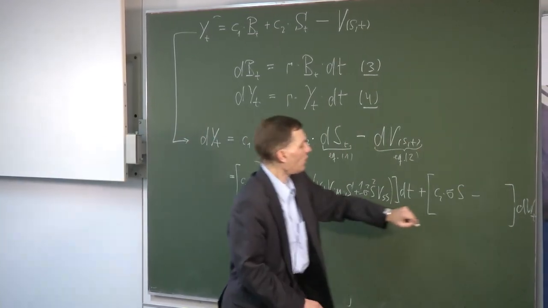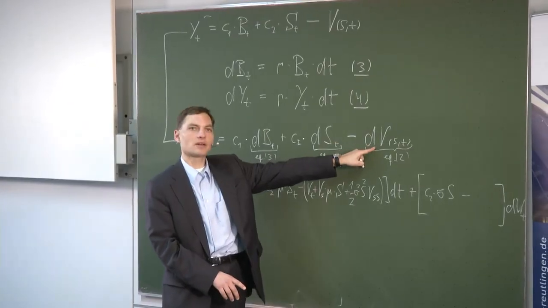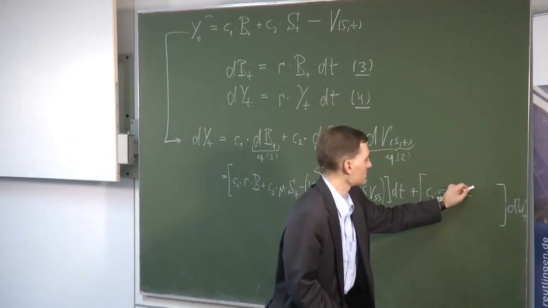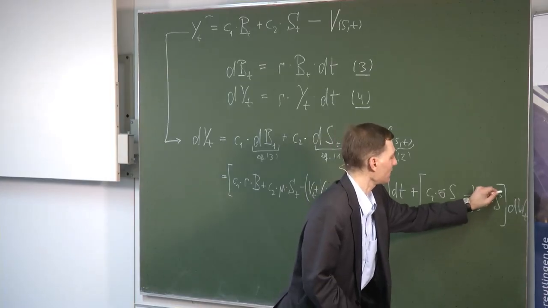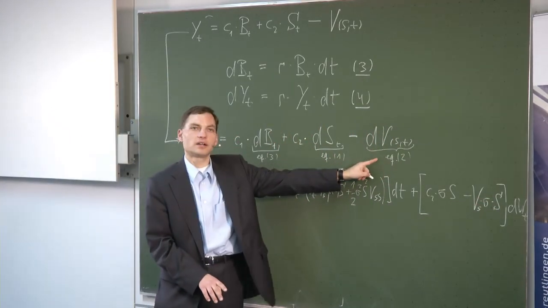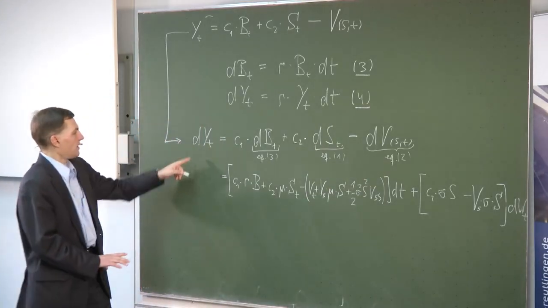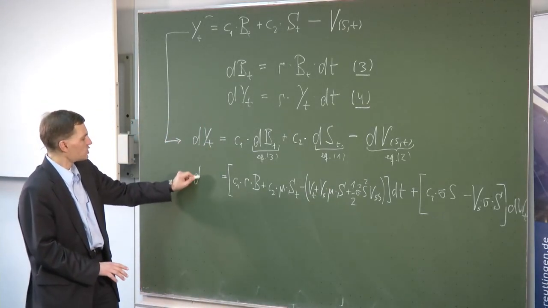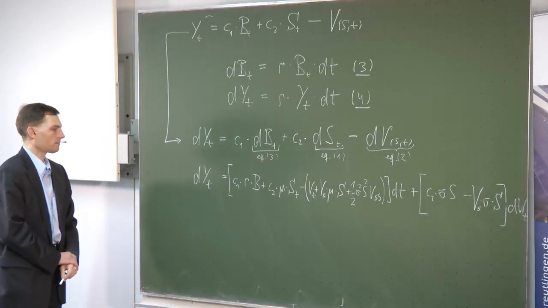And then I have also a dw term, minus here in my equation 2, which is Vs. If you look at equation 2, you immediately see that this is the term that pops up here in equation 2. Okay, and this is the change of my portfolio, Yt.